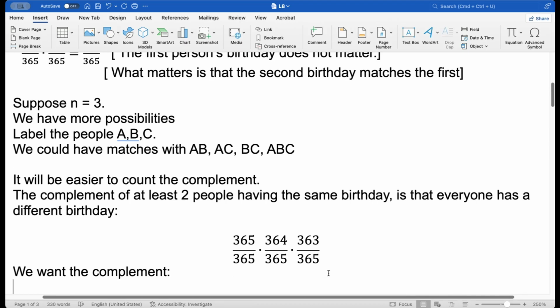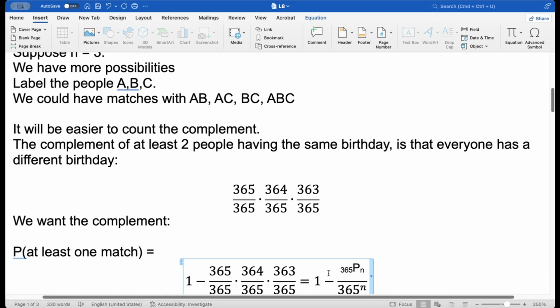Now we want the complement of this, so we want 1 minus this probability, which we can rewrite in the form 1 minus 365 permutation n over 365 to the nth power, where n is the number of people.